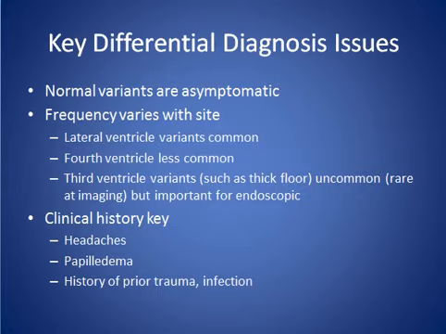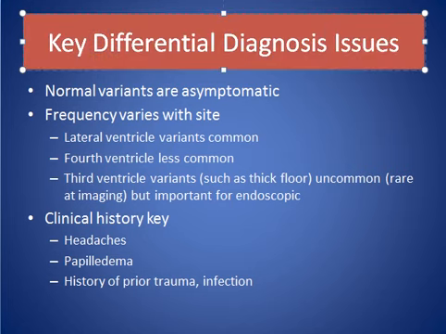The essential diagnosis of this topic: normal variants of the ventricles of the brain are asymptomatic and vary from side to side.